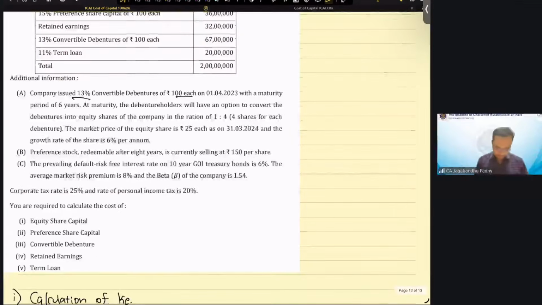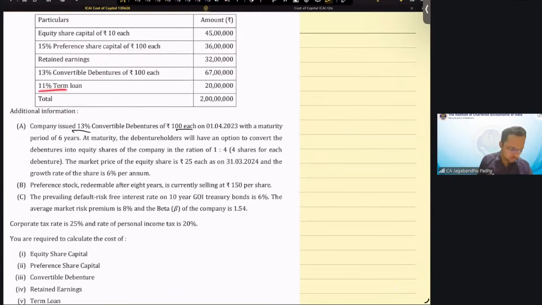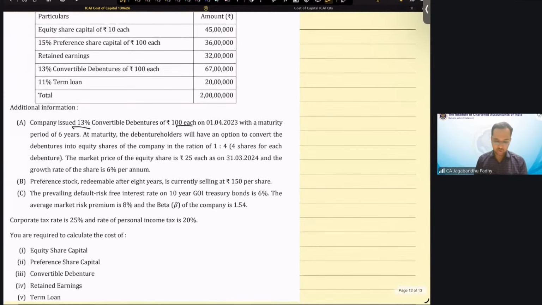Then coming to this part, cost of term loan. Now we know the term loan is 11% term loan, which is to the tune of 20 lakhs. Now this 11% term loan is to be computed cost. And over here, the cost of debt for the term loan is simply going to be interest rate into 1 minus tax rate.